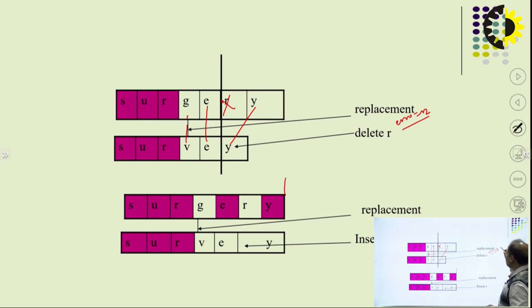Error equal to 2 is given in advance. Another possible operation is that we can insert R over here and replace G. So one insertion and one replacement. That means by allowing 2 errors, the pattern is matching in the text in 3 positions.